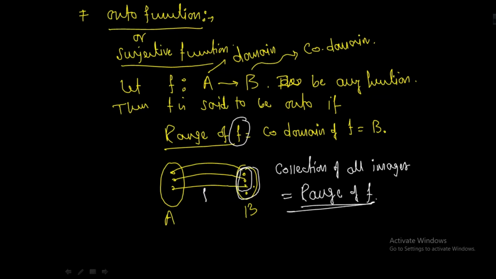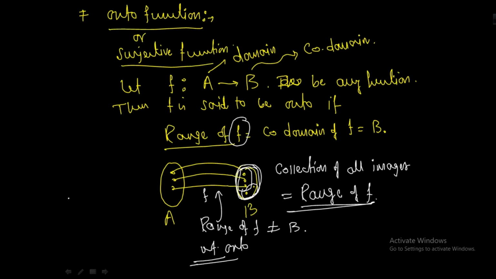So that means this function f, which is demonstrated here, is not onto, because this set B, that means the codomain of the function, consists of two extra elements which are not included in the range. So we can say the range of f for this function is not equal to the codomain B, hence not onto.